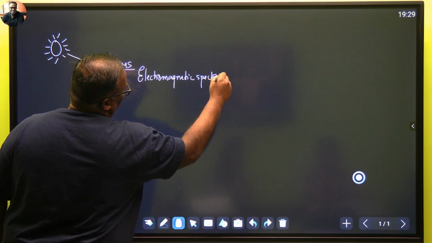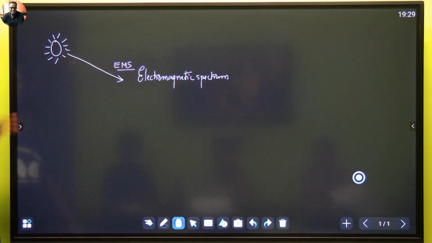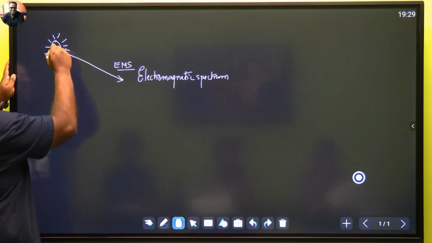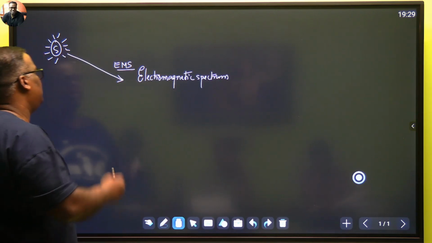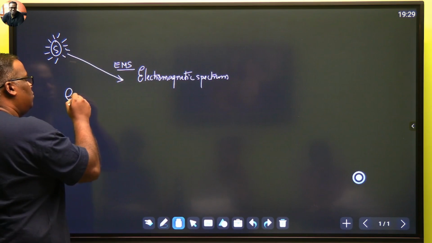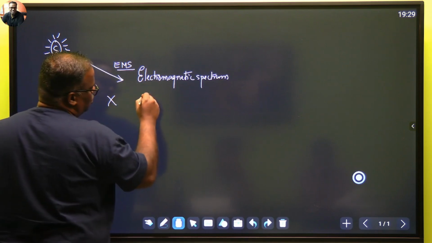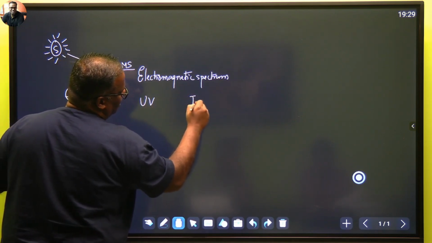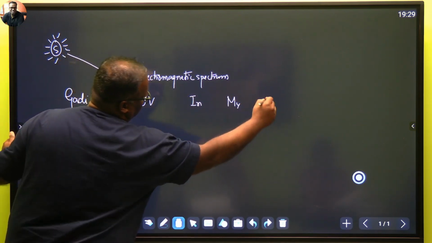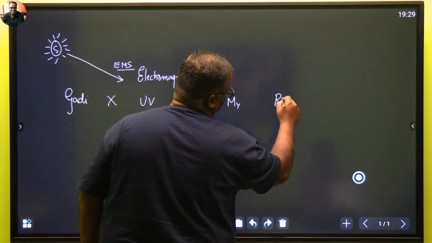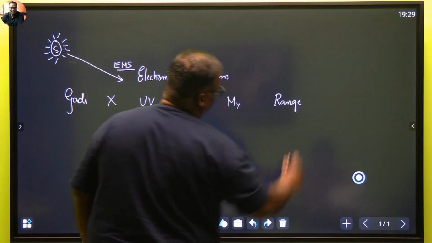Okay, the electromagnetic spectrum. Whenever you're seeing from the sun, this is your sun. And the electromagnetic spectrum, to remember it easily, I say, follow that rhyme, Gadi X UV in my range. This is the best way to remember the electromagnetic spectrum of the sun.